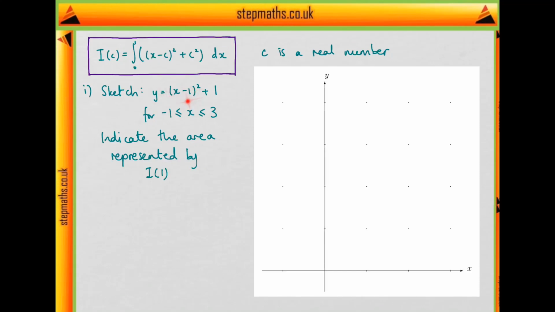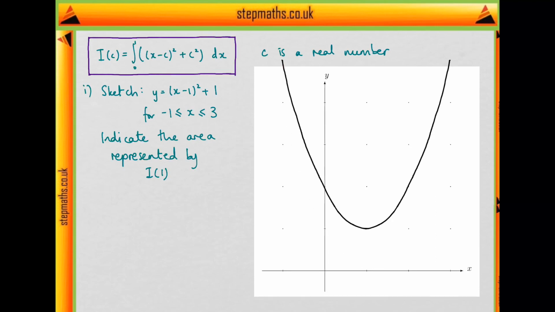So this graph that we're trying to draw is just like a normal x squared graph, but we're translating by 1 to the right and then 1 upwards. So if we draw the normal x squared, this is just y equal to x squared. Then if we translate to the right, because we've got the minus 1 inside the brackets, and because we have plus 1 on the end, we're translating 1 up.